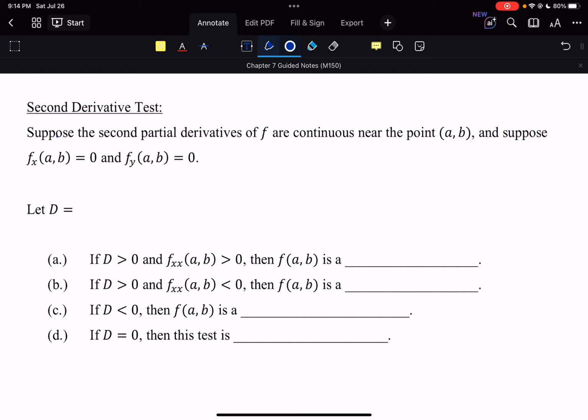The second derivative test says, suppose the second partial derivatives of f are continuous near the point (a, b), and suppose f_x and f_y are both 0 at (a, b). Let D equal f_xx at (a, b) times f_yy at (a, b) minus f_xy at (a, b) squared.